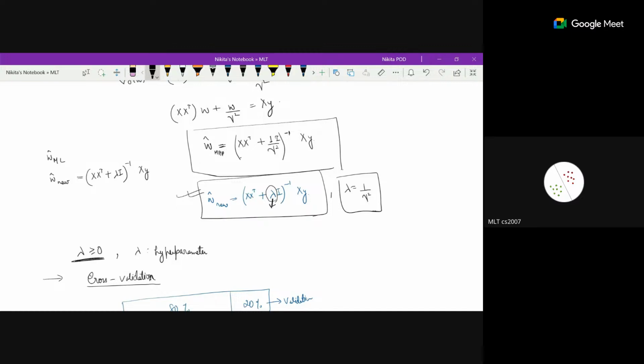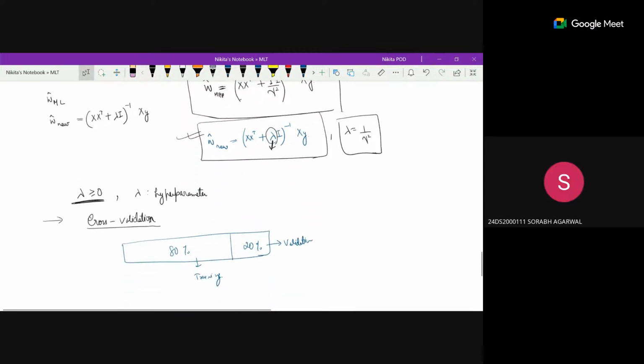So lambda is greater than or equal to 0, and this is basically called a hyperparameter. This is something which you're giving to the model. This is not a part of the model, but you are giving it at a later stage to see what should be the ideal value of this parameter.